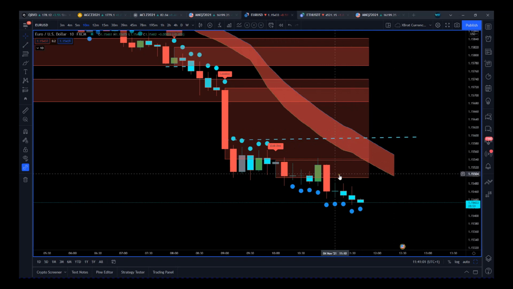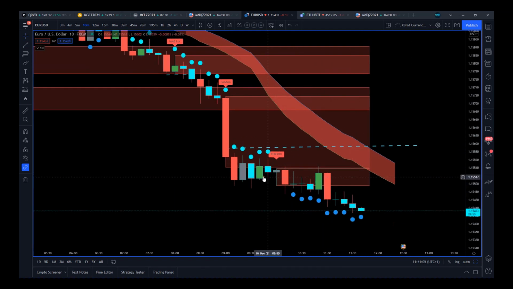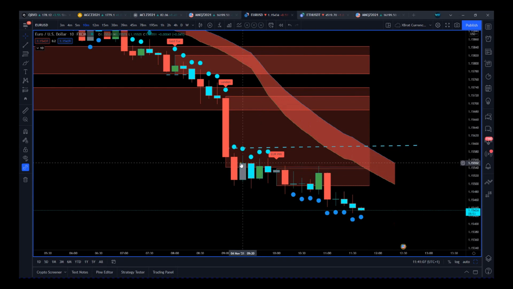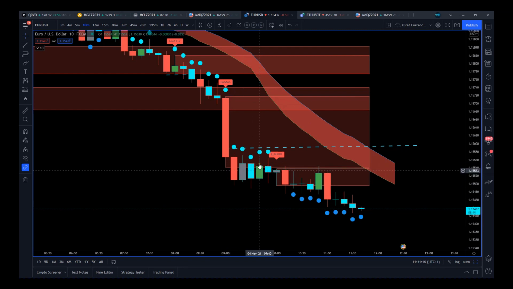And what we're looking for here is if we get two bullish candles on the manager, so the green is a bullish candle, so is the grey. If we get two bullish candles consecutively, either grey or green with the cyan dot above, that's higher than average volume, we take the aggressive entry out.